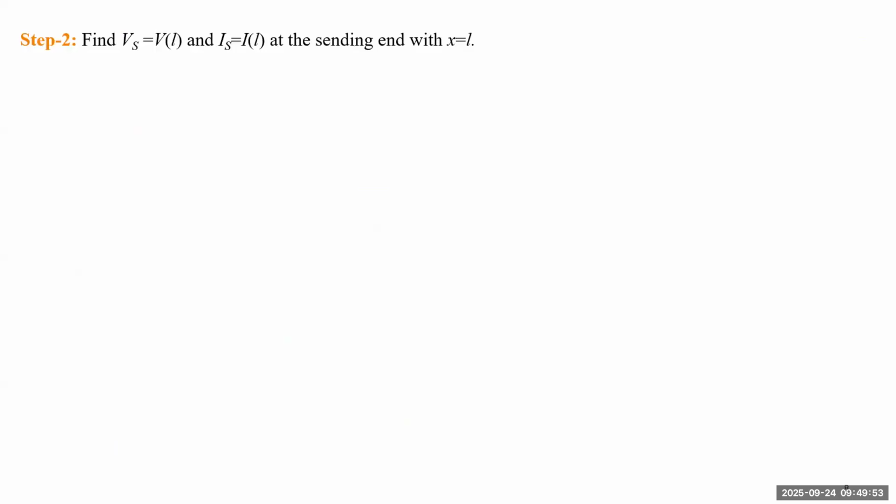Okay, let's move on. We still need to solve the voltage and current phasors on the sending end. So we'll utilize the other boundary condition when x equals L. You just plug in L for x, and this will give you Vs and Is.